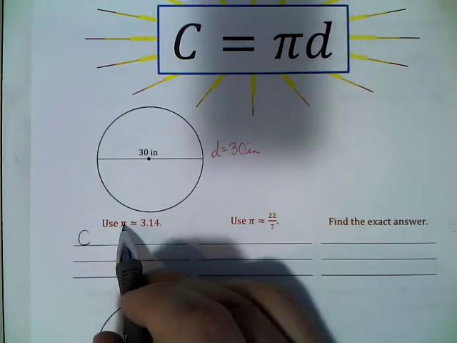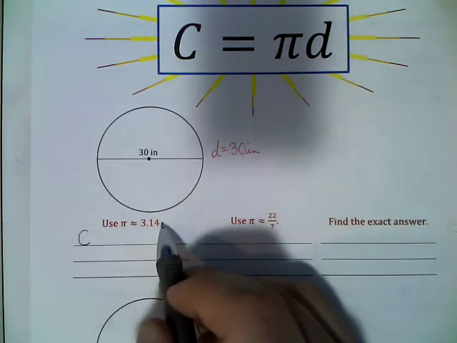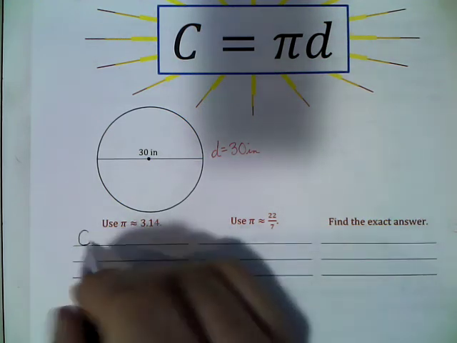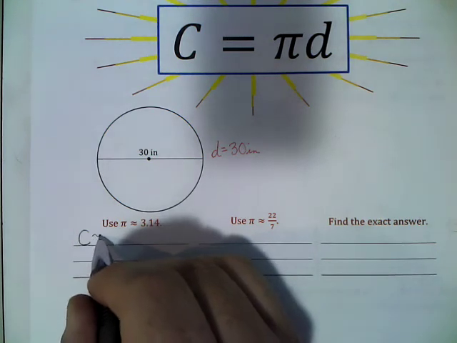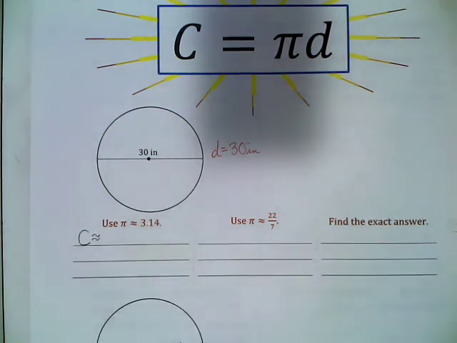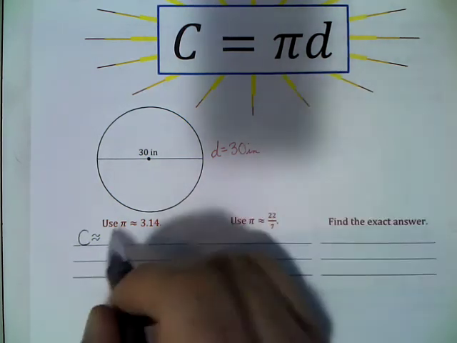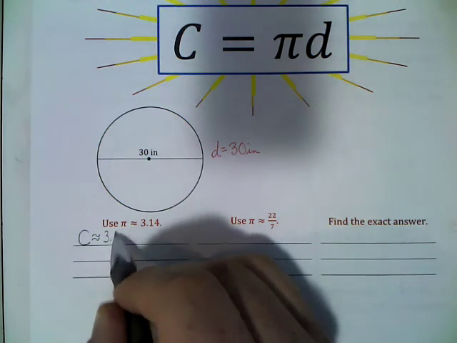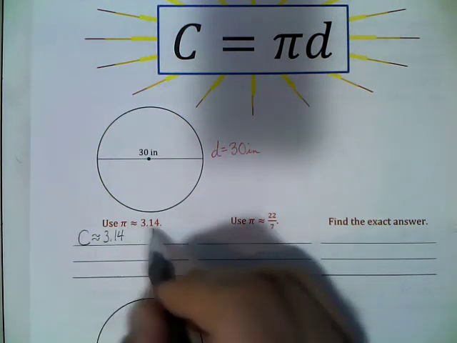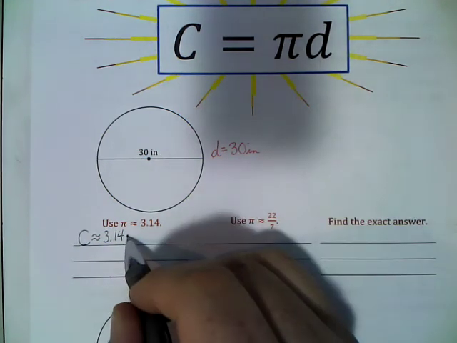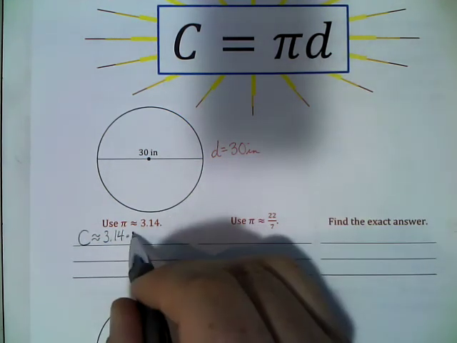Now, since the pi symbol and 3.14 are not exactly equal, it's approximate, this means down here in my work, if I don't use the pi symbol, this will also be approximately equal to. So this is approximately equal to, then, the formula says pi, so I'm going to write in 3.14 because that's what we're replacing pi with. And then times d. D here we know is 30 inches.